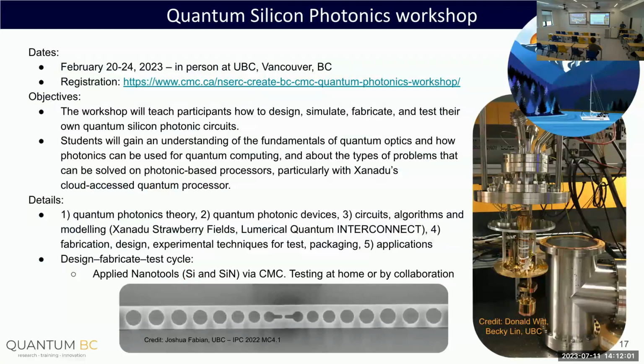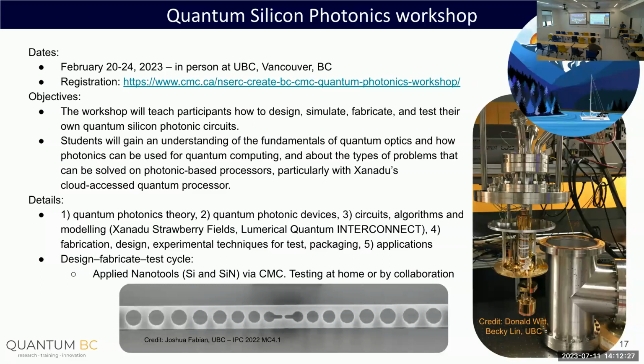So this was basically a workshop on how to design silicon chips, not quite as complicated as some of the things that I'm going to be talking about in the talk today, but starting to get into the early seeds of what you can build with silicon photonic chips. And part of this was interesting. We had Xanadu give a couple talks, and there's a lot of overlap between what we teach in the workshop and what Xanadu is actually commercially implementing.